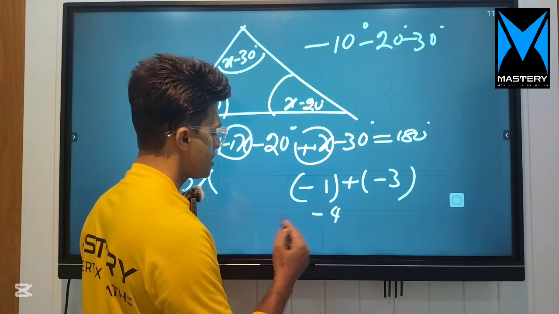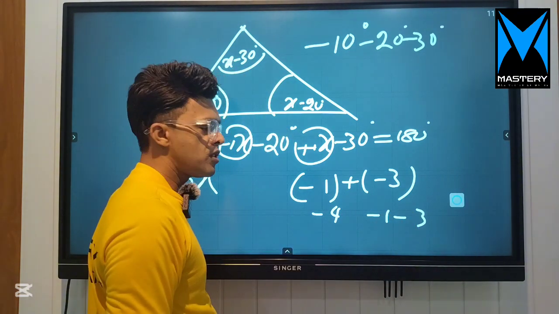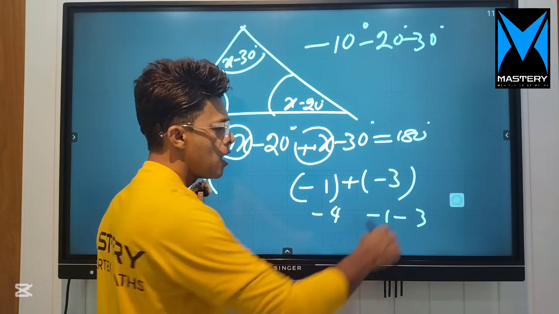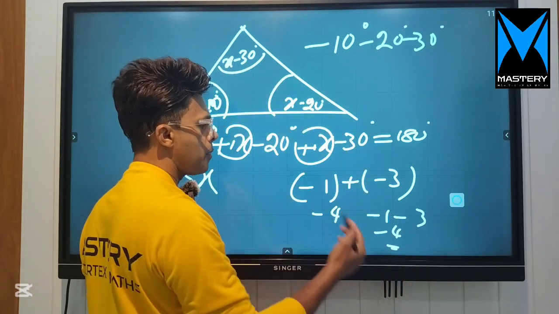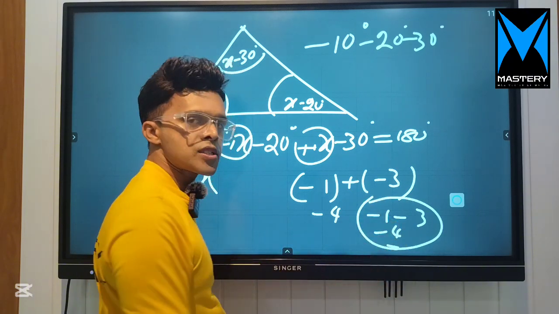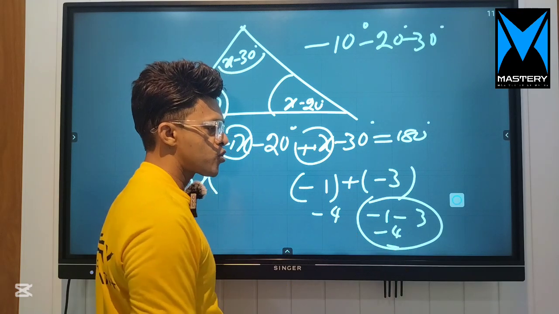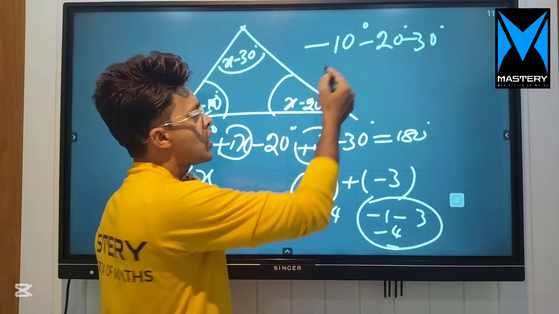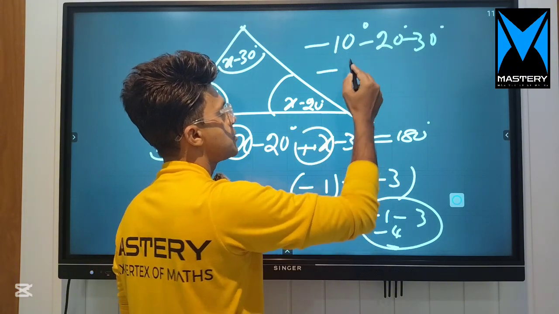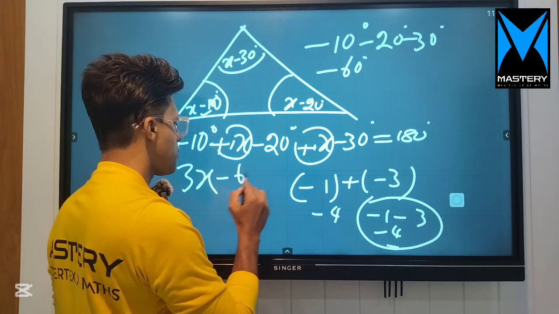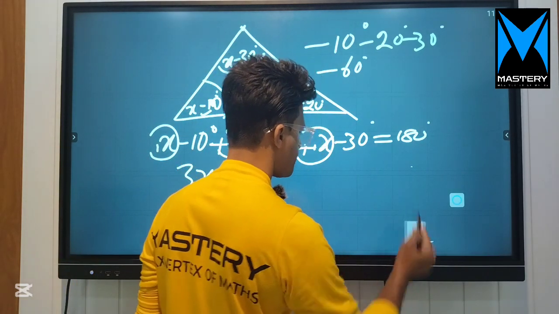Likewise here, minus 1 minus 3 means you add 1 and 3 to get 4, and put the minus: minus 4. Here also you add these values and put minus: 10 plus 20 plus 30 is 60. So minus 60. Don't forget to write that minus 60.